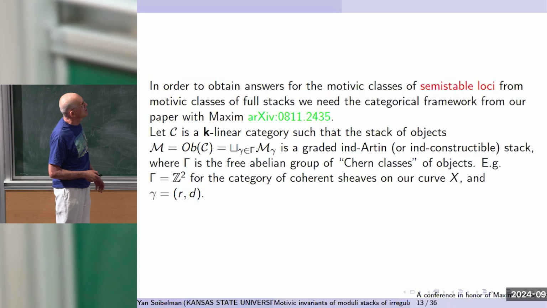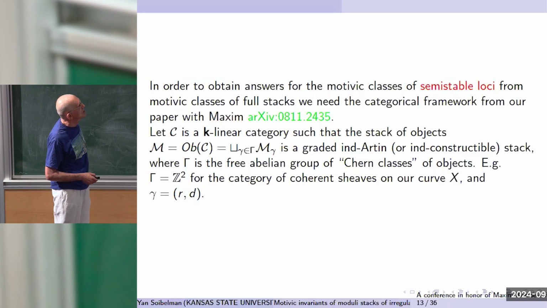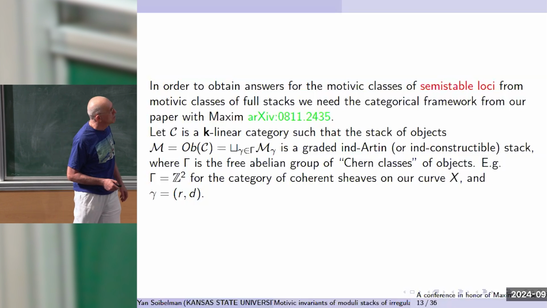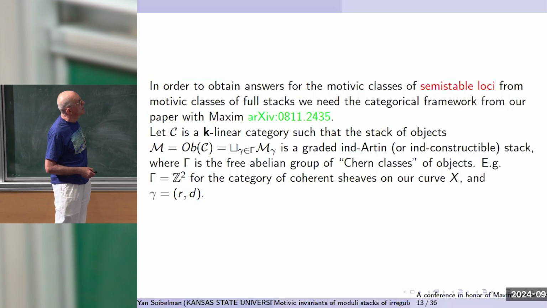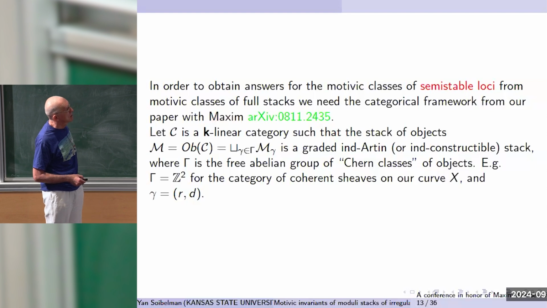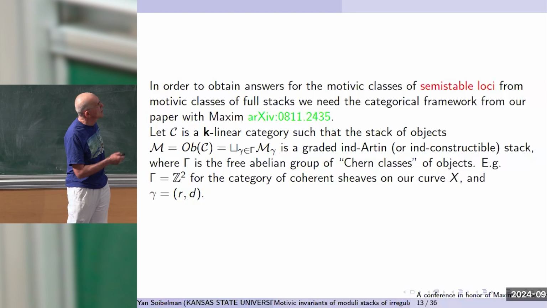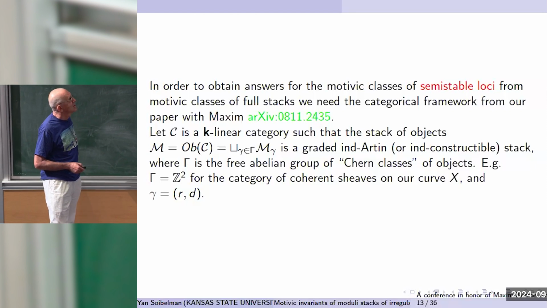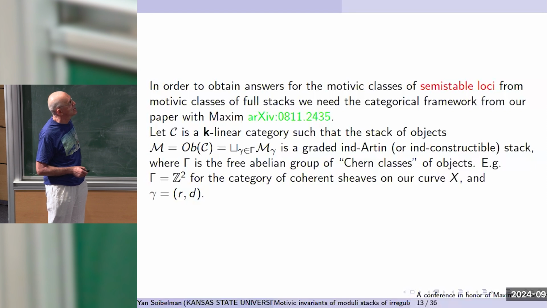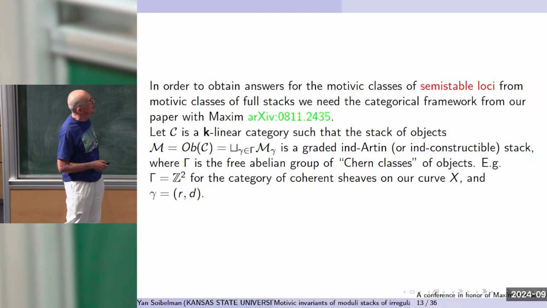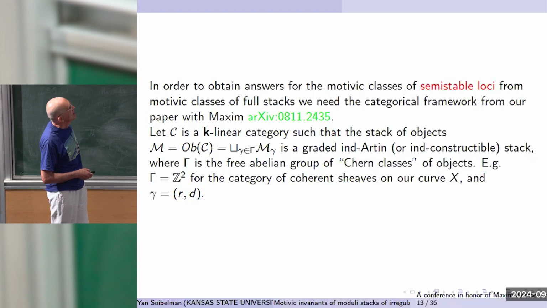I mean, all people who did something with Motivic Donaldson-Thomas invariants, they know it by heart, but for others, I will recall briefly our formalism, the categorical framework which we need for the computations, from our 2008 paper, which is remarkable for different reasons, and one reason is that it has never been published. It only exists in the archive form.